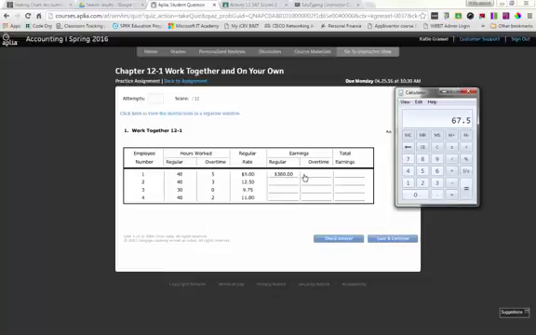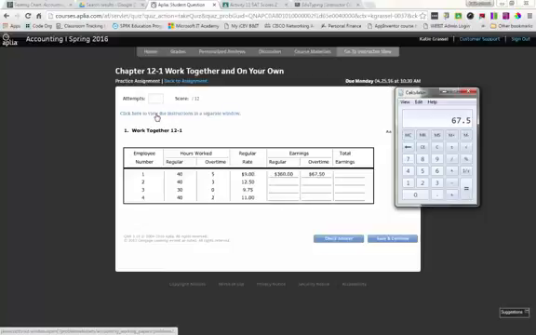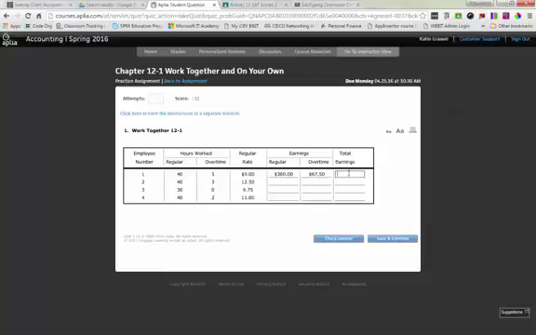So $67.50. To calculate your total earnings, you would take $67.50 plus $360, and that would give you $427.50. The trickiest part about this first one is making sure that you calculate your overtime rate.